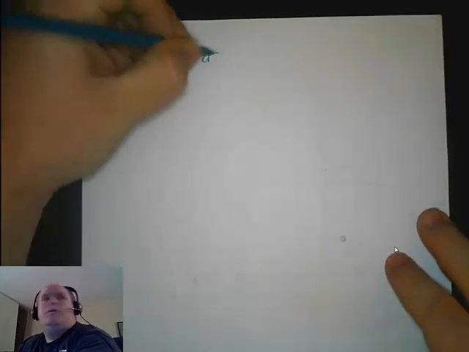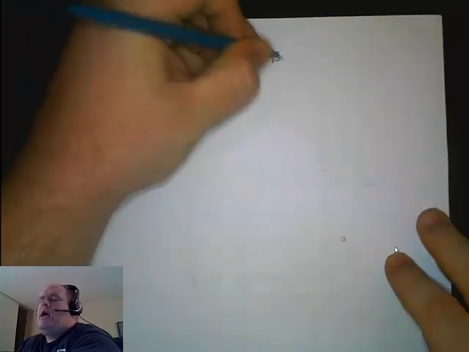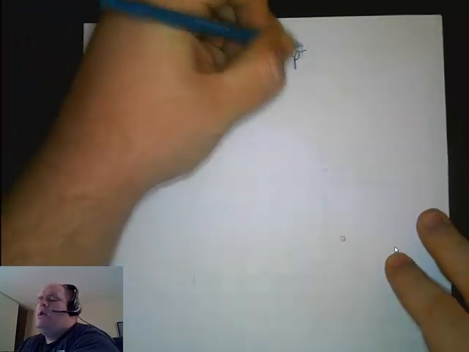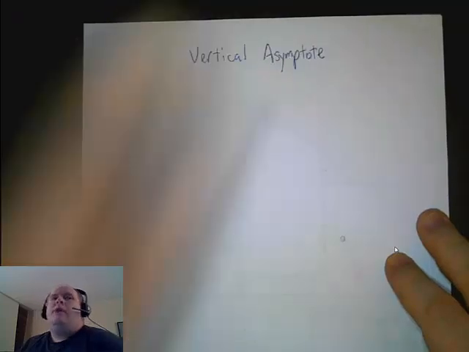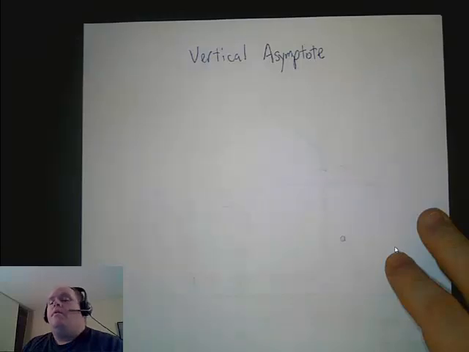So vertical asymptotes. Now, vertical asymptotes happen mostly when, unlike holes in the graph, in holes in the graph, two things canceled, one on the numerator and the denominator. For a vertical asymptote, that just means there's a rational expression where there's something in the denominator that can equal 0, but it never canceled with something in the numerator.